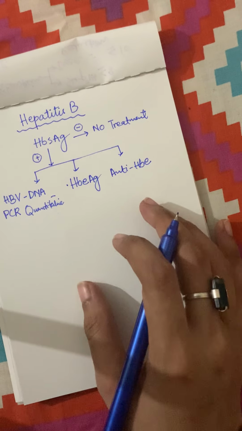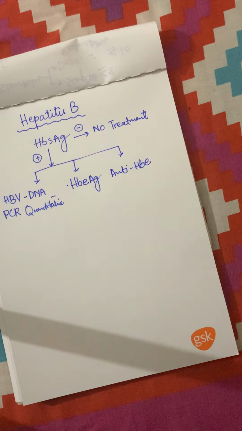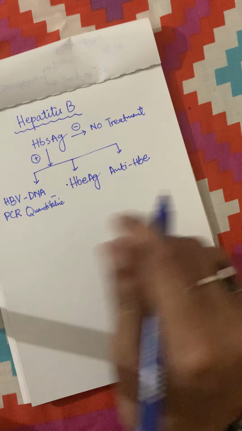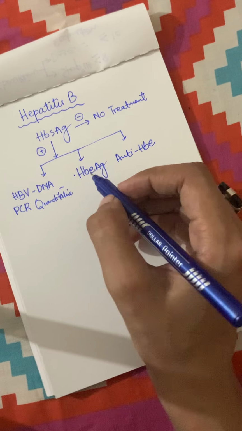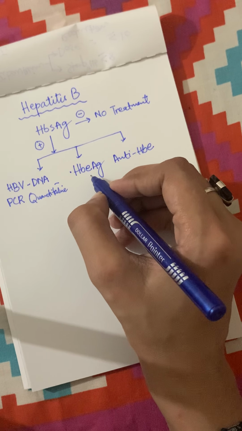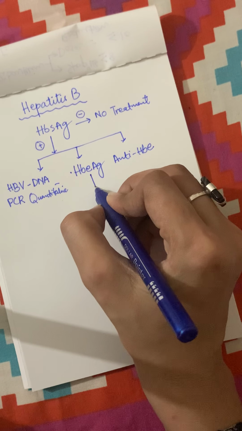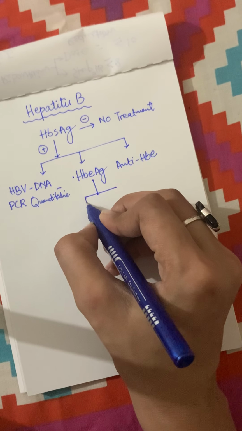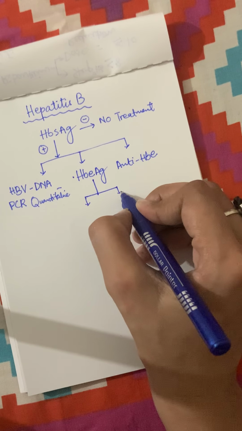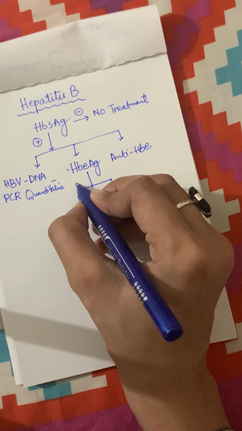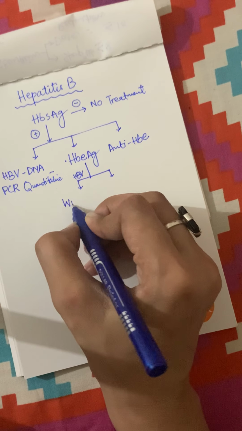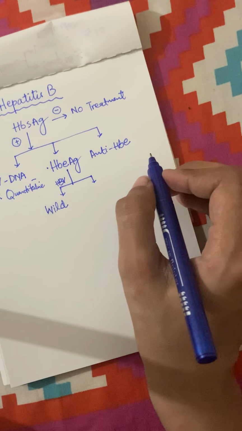We divide the hepatitis B virus into types on the basis of E antigen: wild type and pre-core mutant. Number one is wild type, which is most commonly present.